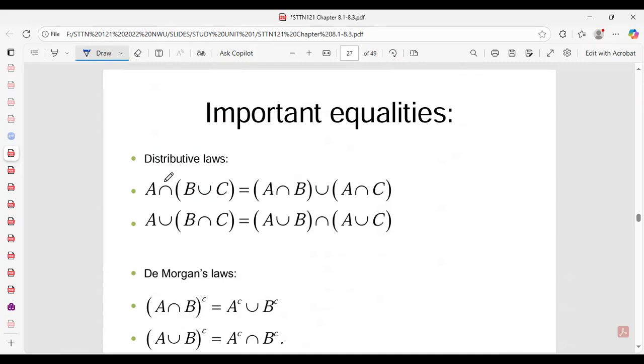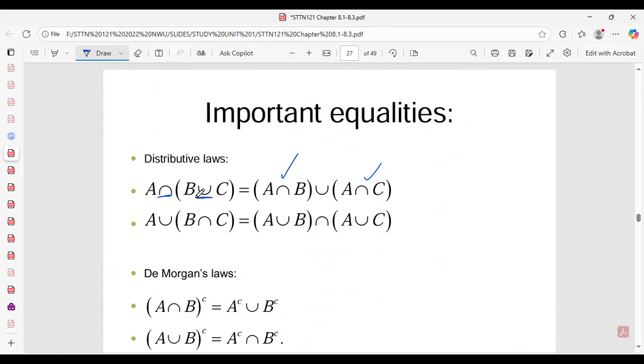They say that if you are dealing with the distributive laws, A intersect, then open bracket B union C, it will be A and B, because of this. It's like A, this symbol multiplied by B, you will get this. And then A, this symbol, which is intersection, multiplied by C, you will get this here.